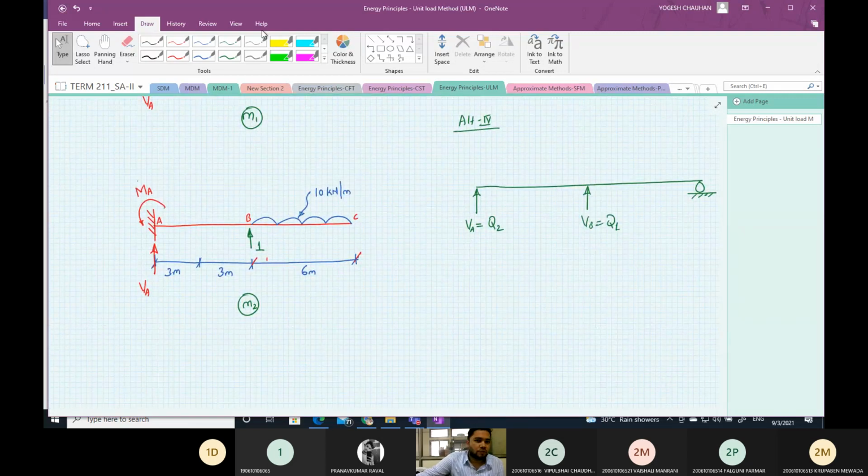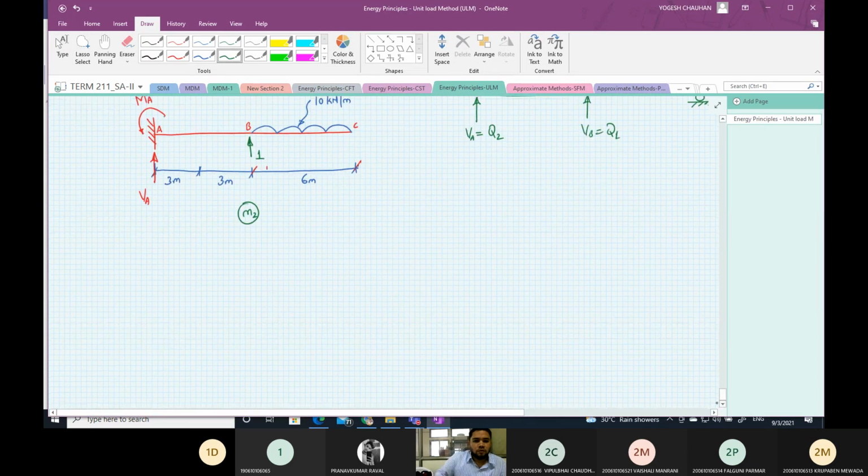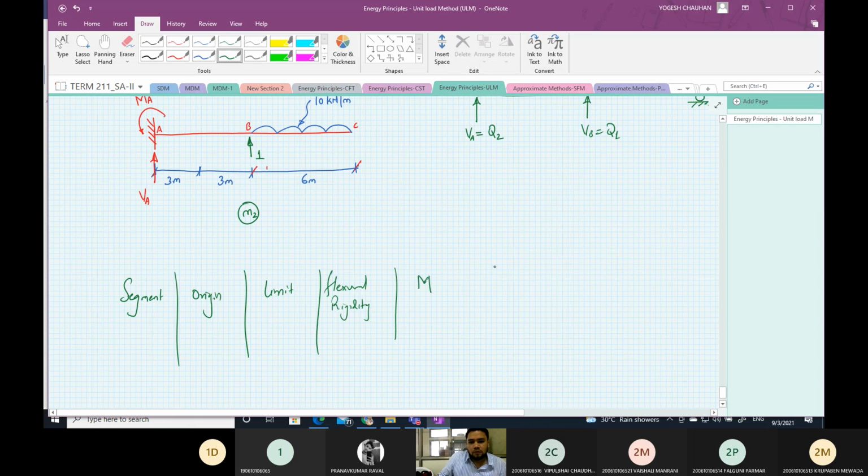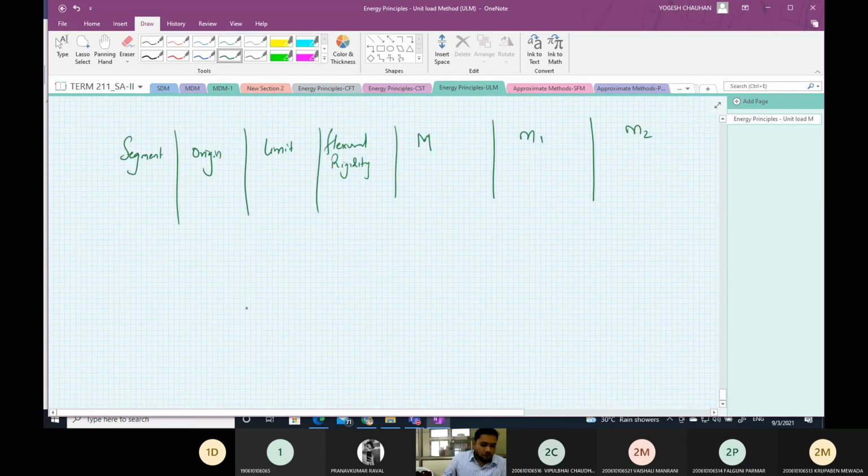And then you have to make a table which will be segment, origin, limit, flexure rigidity, capital M, M1 and M2.